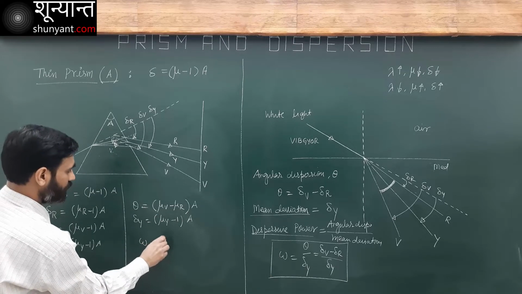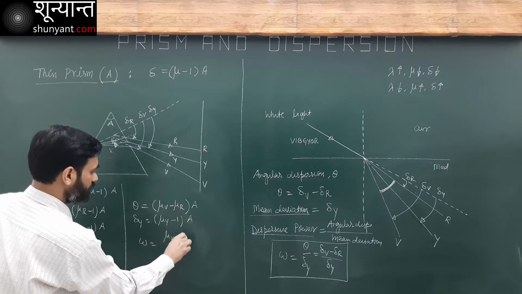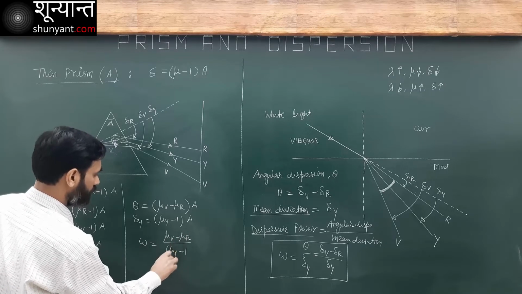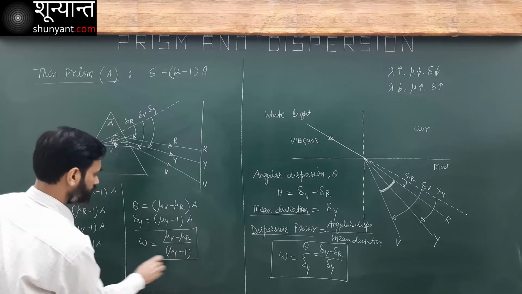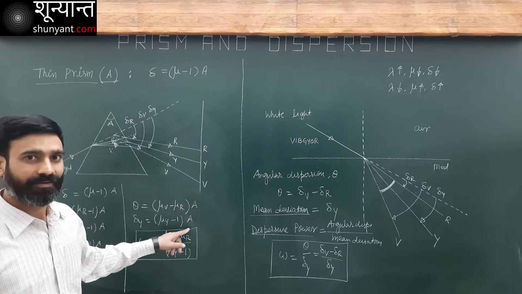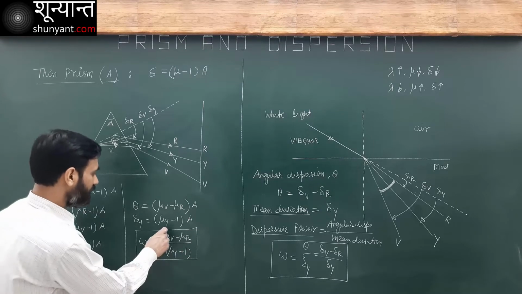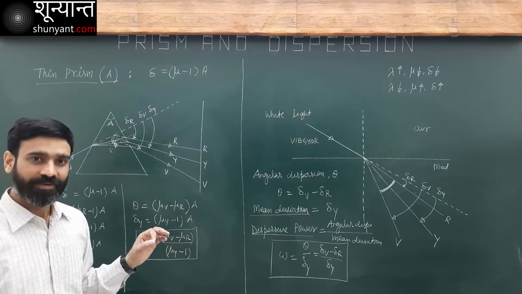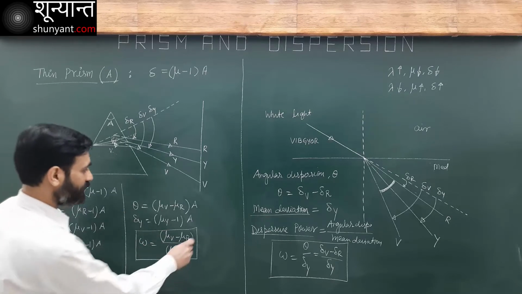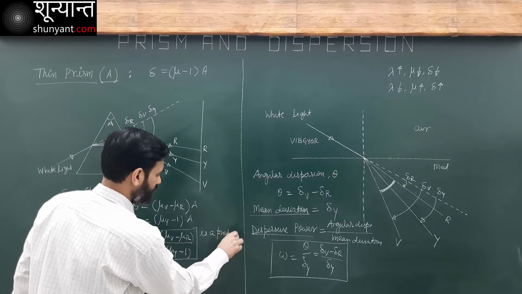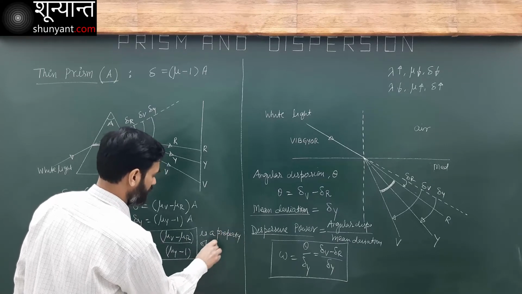Omega is going to be mu V minus mu R over mu Y minus 1. A does not appear here. What appear are refractive indices of different colors, and that will be a property of the medium.